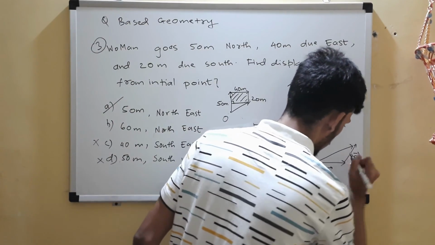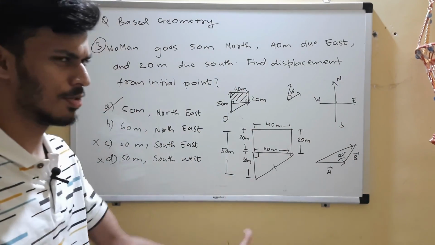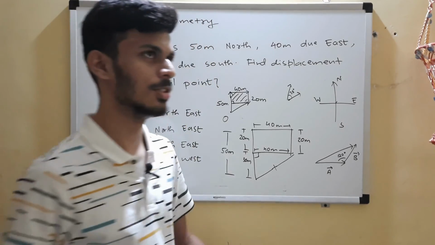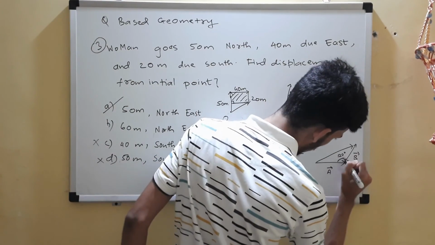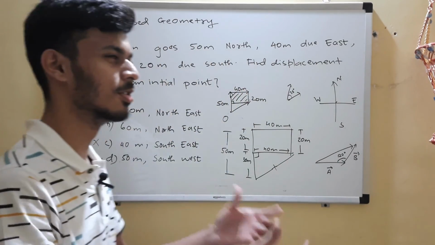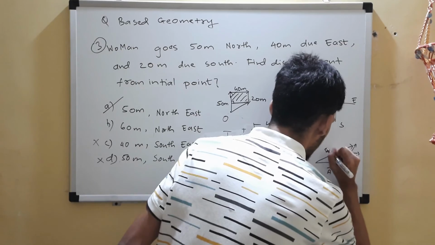Fine. Suppose this angle is 120 degrees. Now you can use the simple method, but that will be tedious. Every time you'll go into much more calculation. So we'll have a formula to find the magnitude of the resultant of this.